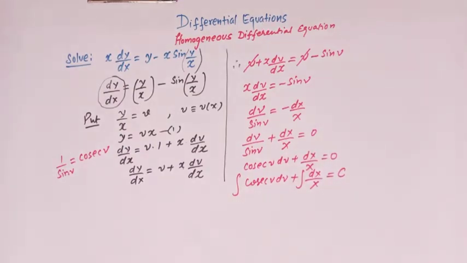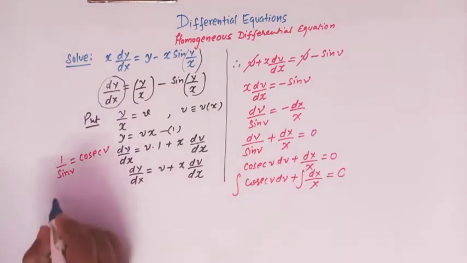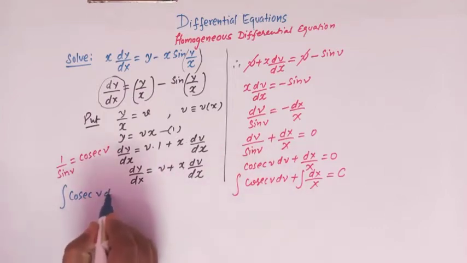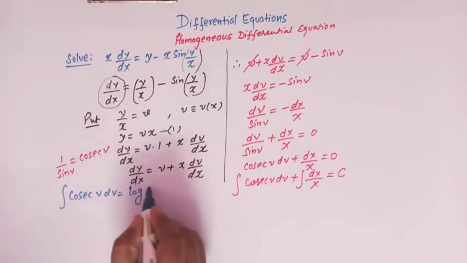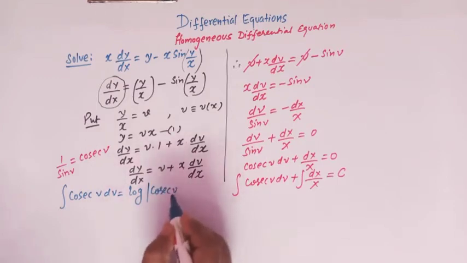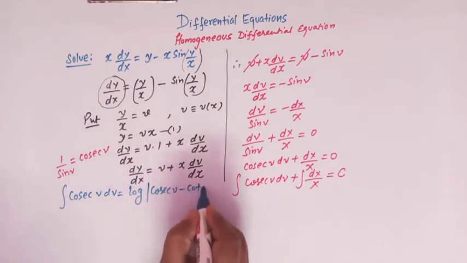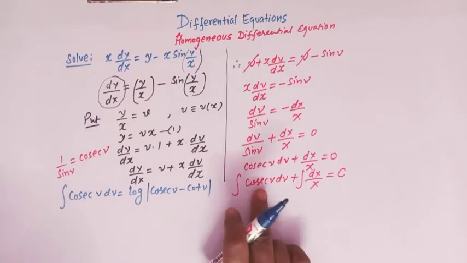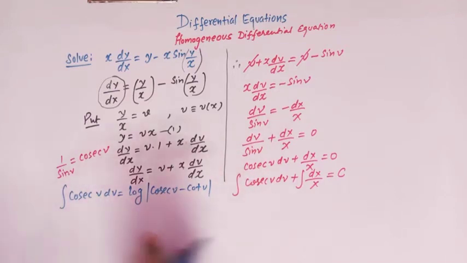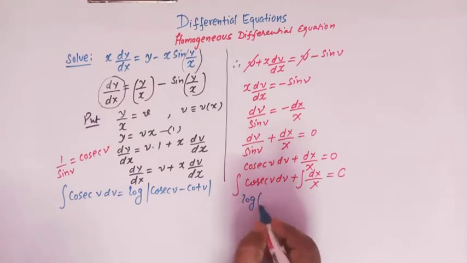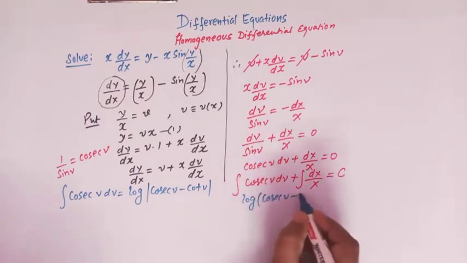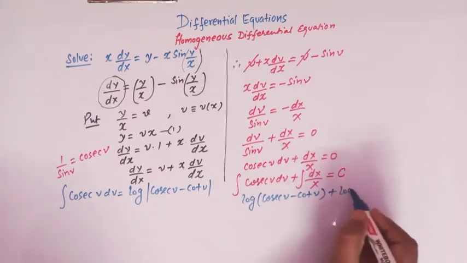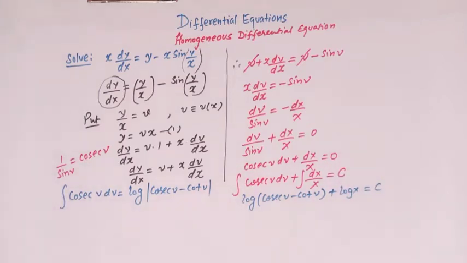Now here we have to make use of an important result, that is the integral of cosec v is given by log of cosec v minus cot v. So here we'll use this result. So we have log of cosec v minus cot v, and here we have the integral of 1 over x, which is log of x, plus c.